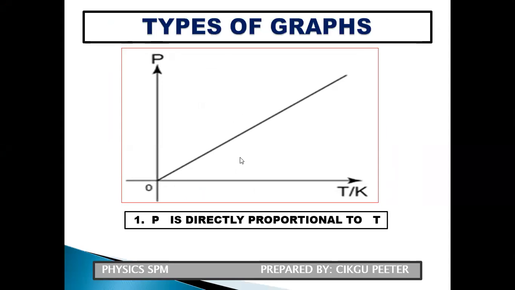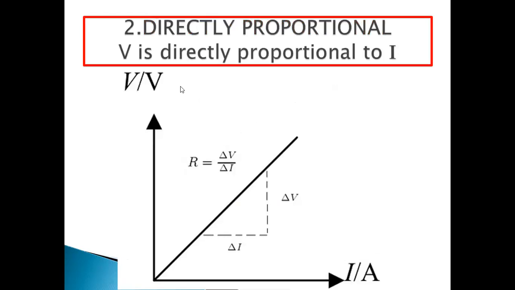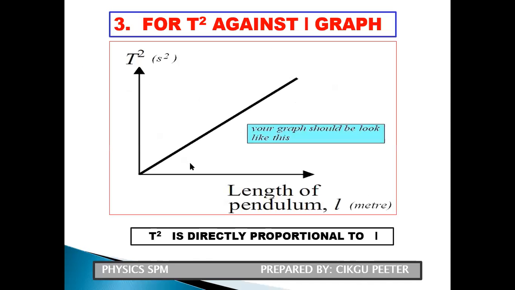P is directly proportional to T because it goes through the origin, 0. V is directly proportional to L because it goes through the origin, 0. T square is directly proportional to length because it goes through the origin, 0.